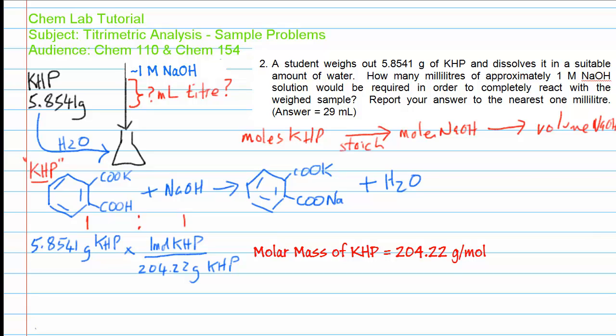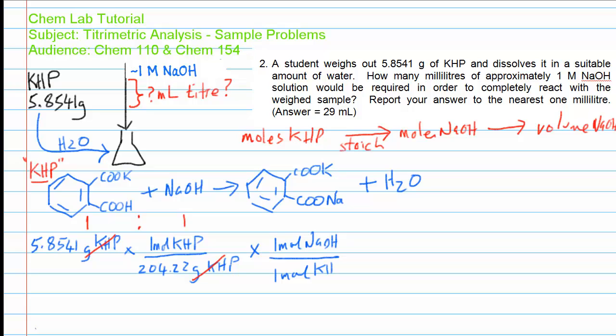So we multiply by the reciprocal of the molar mass to get the grams of potassium hydrogen phthalate to cancel, leaving us with moles of potassium hydrogen phthalate. And then we'll convert that through the stoichiometry to the moles of sodium hydroxide that's needed. So if we multiply by 1 mole of sodium hydroxide per 1 mole of potassium hydrogen phthalate, that's the stoichiometric ratio.